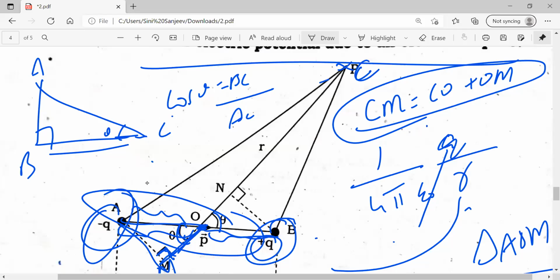AP is wrong. According to the book, it should actually be PM. You can take any other point here.